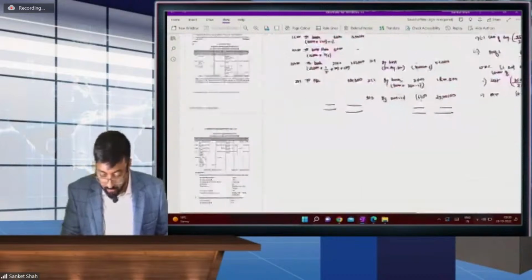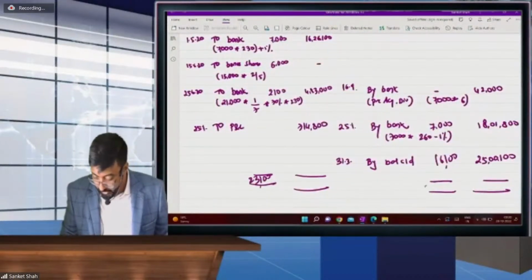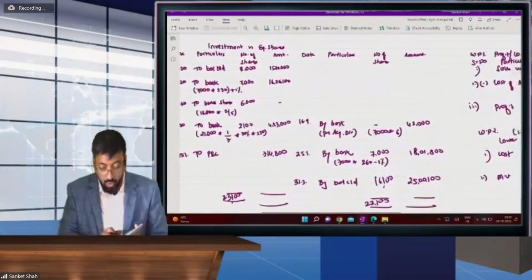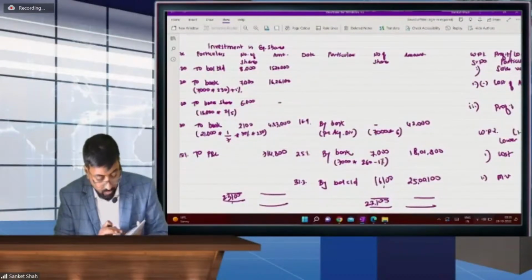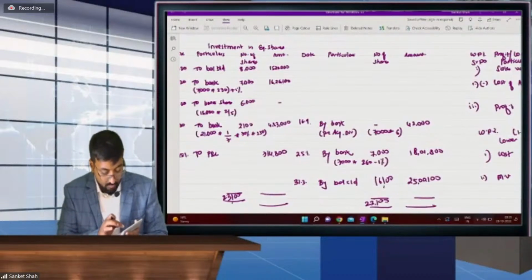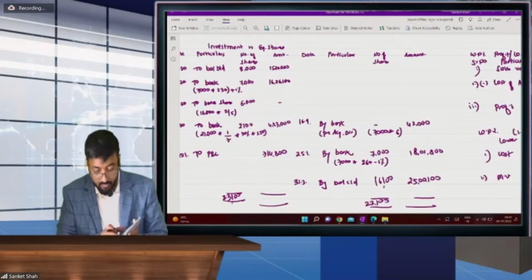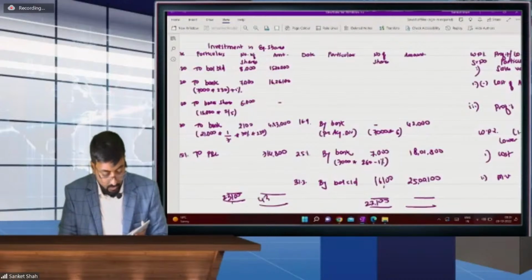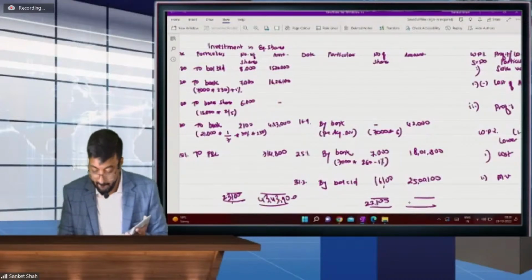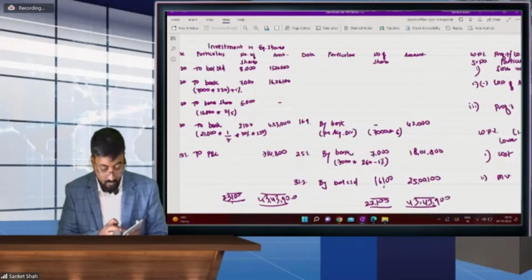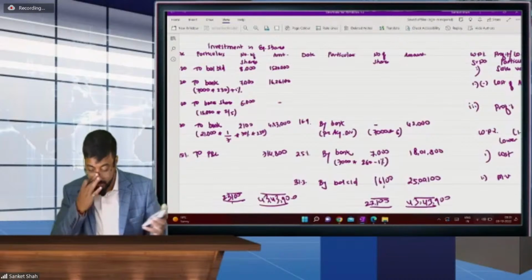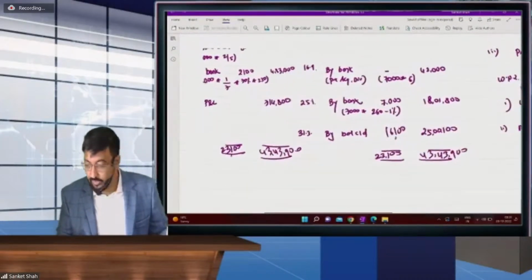Yes. 23,100. 23,100. And in the amount column, you can tally 1520 plus 16.26 plus 483 plus 7.4 minus, yes, 43,900. 23,100.